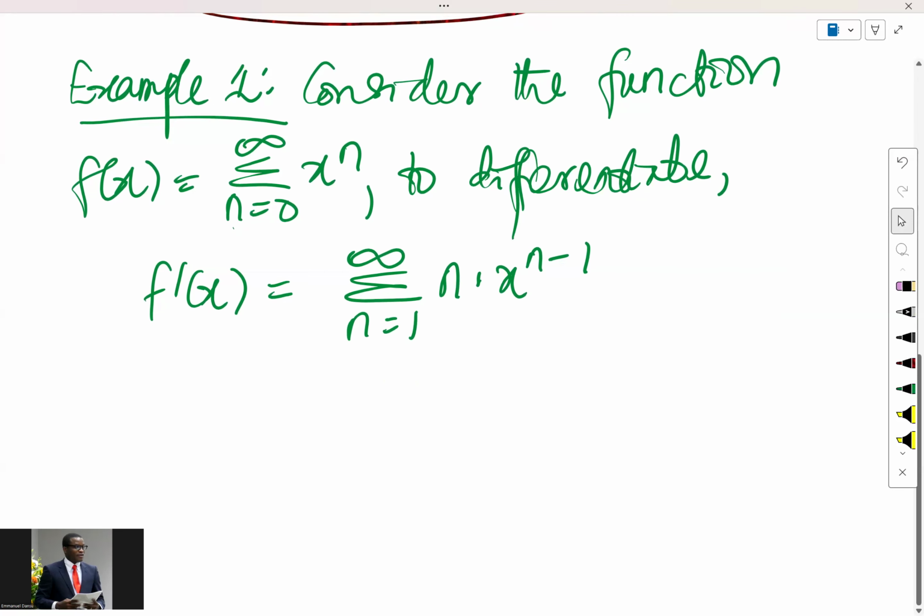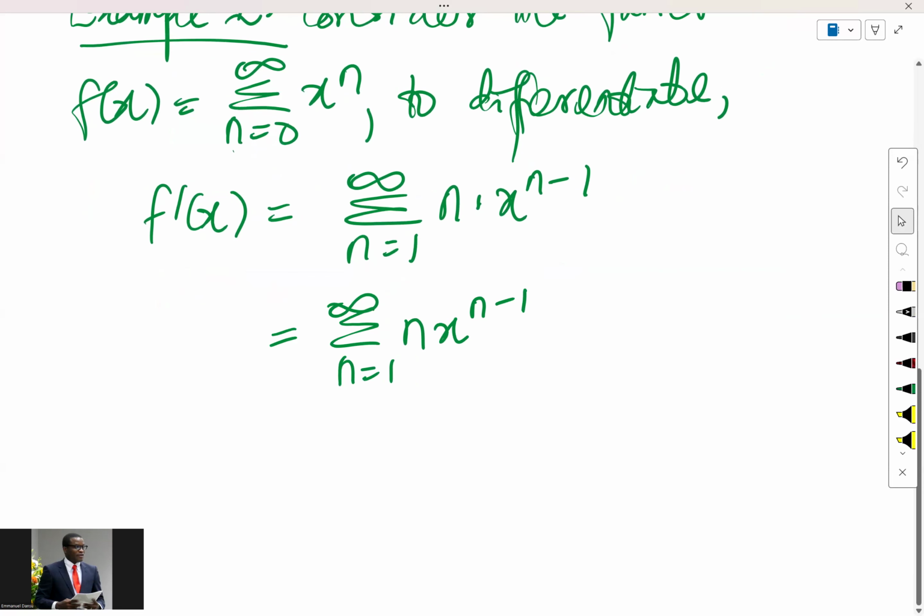You may want to expand this to see what it looks like. So you have summation from n equals 1 to infinity of n x raised to power n minus 1. At n equals 1, you have x raised to power 0. At n equals 2, you have 2x raised to power 1.